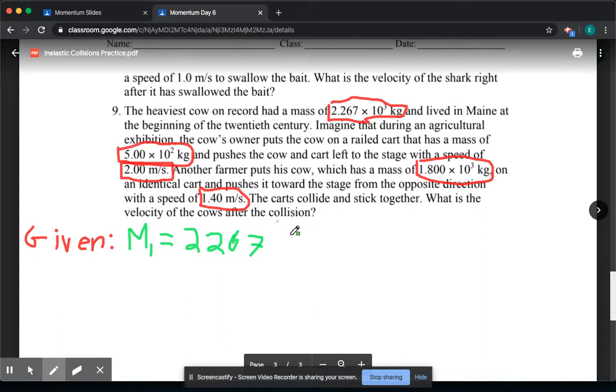The cart weighs 500, so M1 would be the 2267 we got from the cow plus 500. So the total mass would be 2767. I'm just combining the cow's mass with the mass of the rail cart, since the cow is inside of the rail cart. So this is the mass of cow 1 plus the cart.